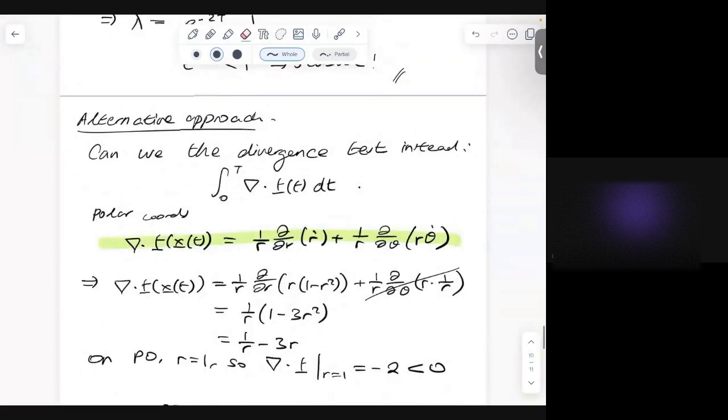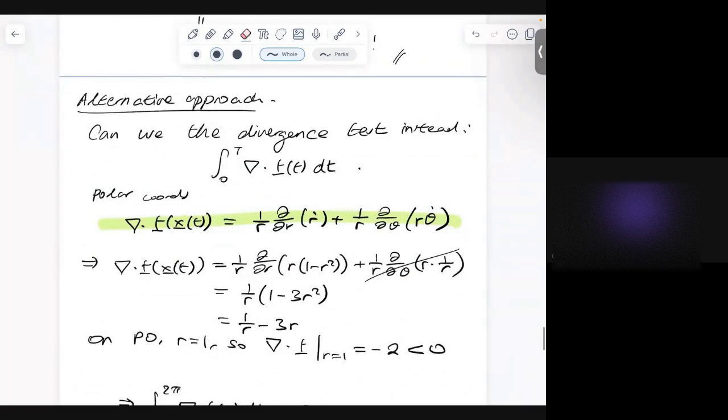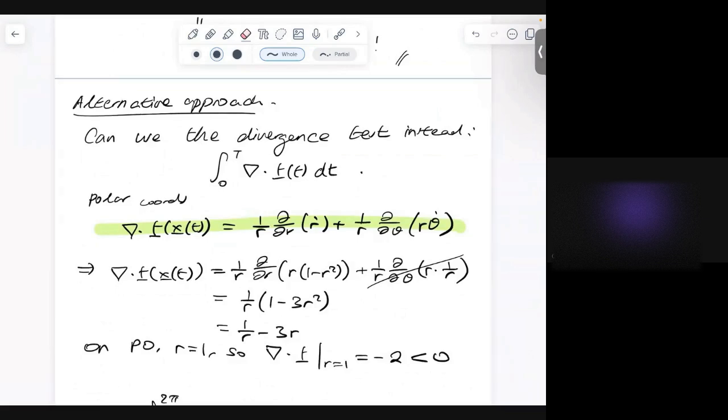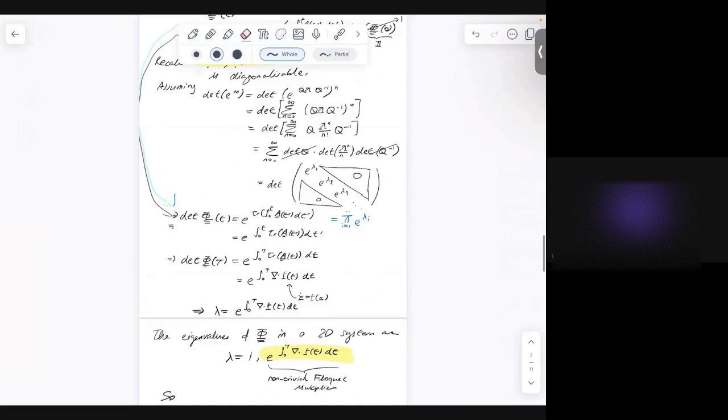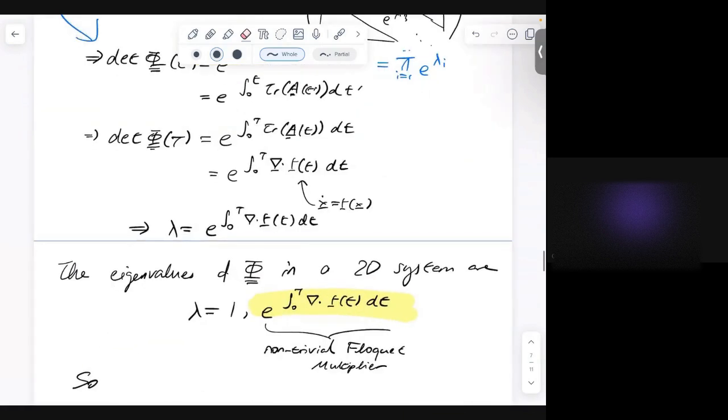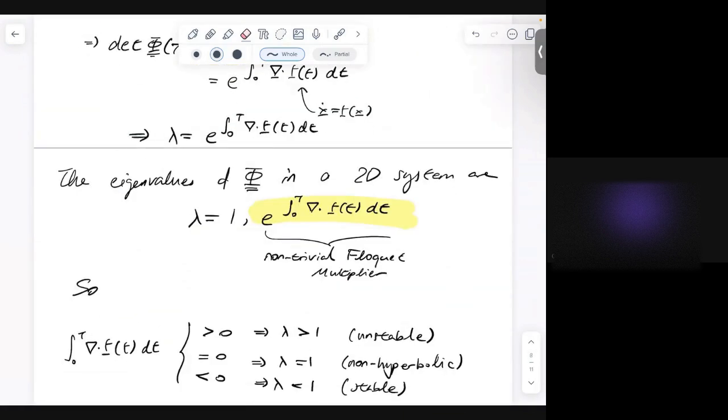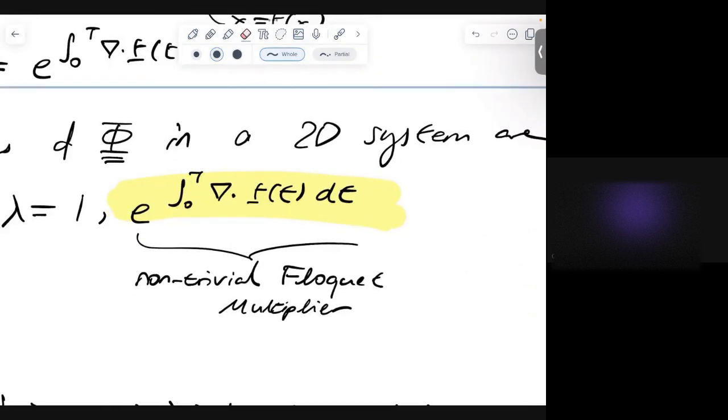The alternative approach, which is the last thing I want to cover, is we could just use the divergence test instead. This comes from the final bit of this proof, where we say that the eigenvalues of phi, in a 2D system, are just 1 and e to this integral.